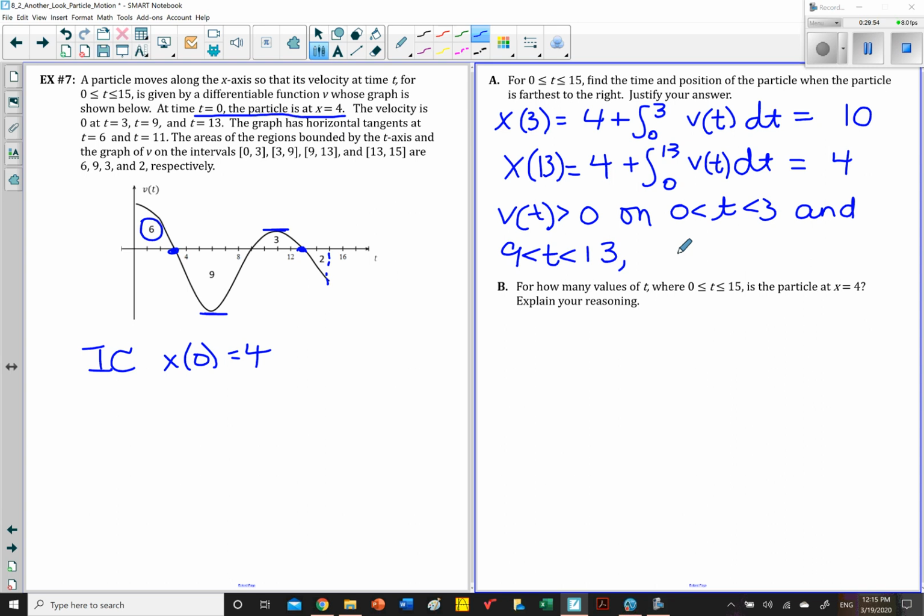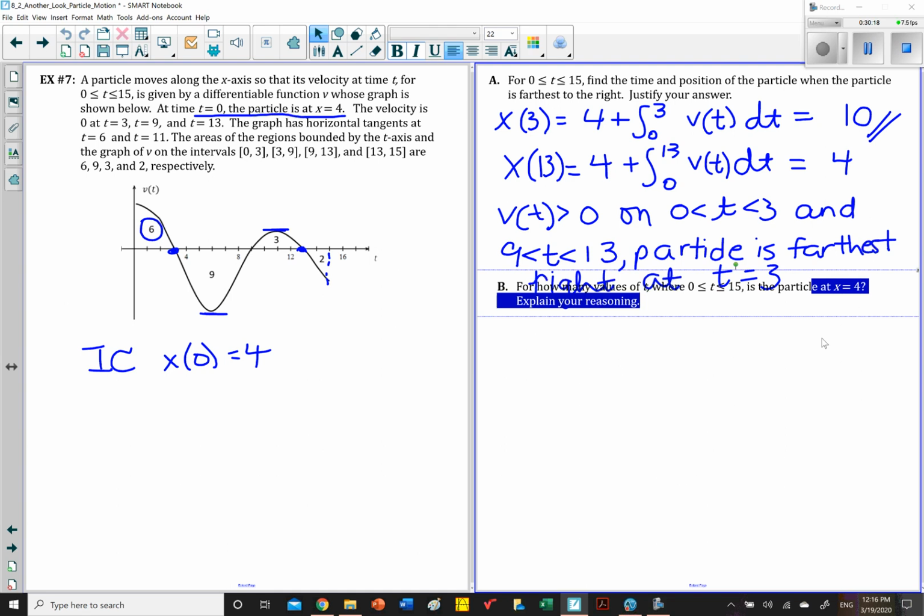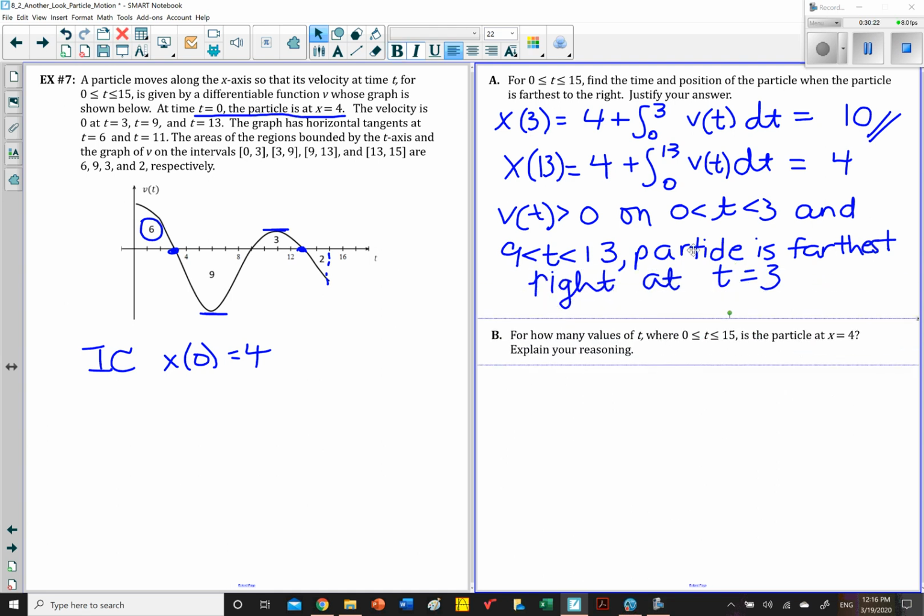That means our particle is farthest to the right at 3. I'm out of space here. At t equals 3. Okay, so the particle is farthest to the right when it's at 3 units of time.